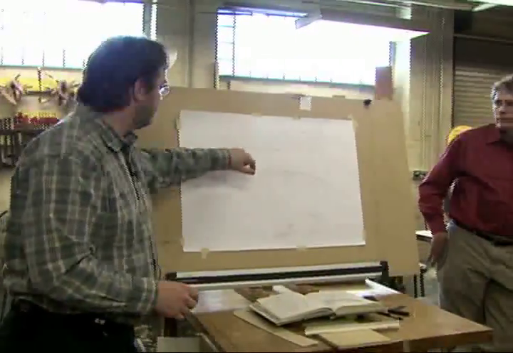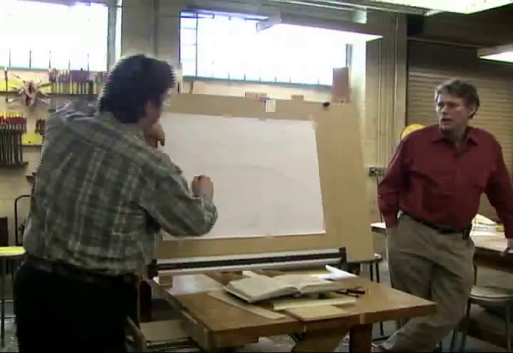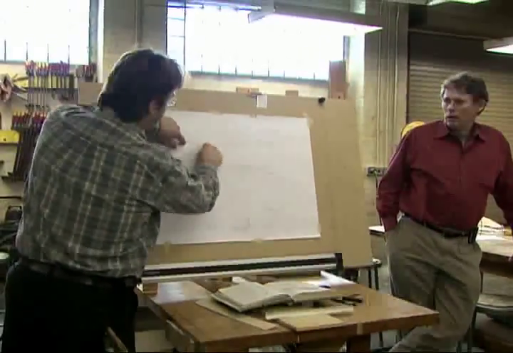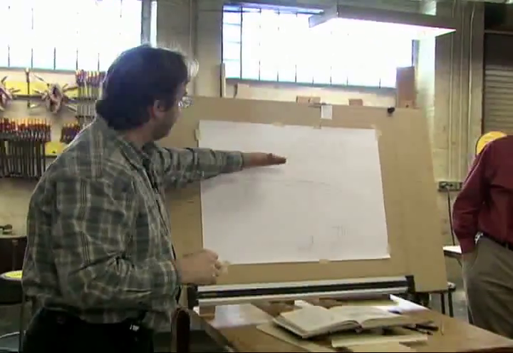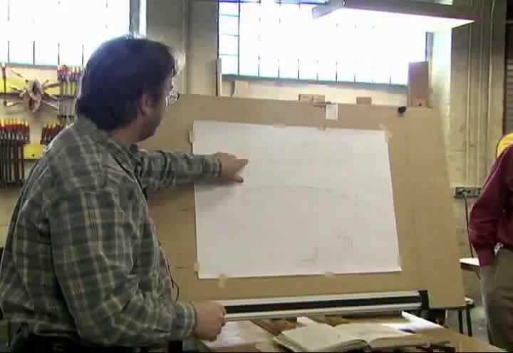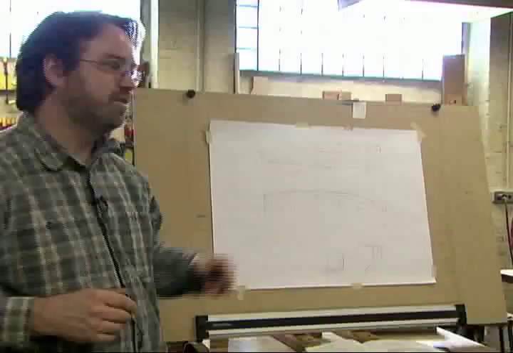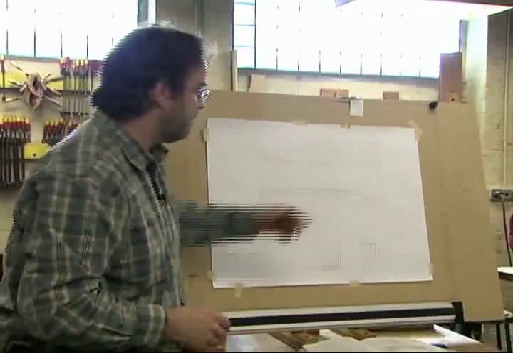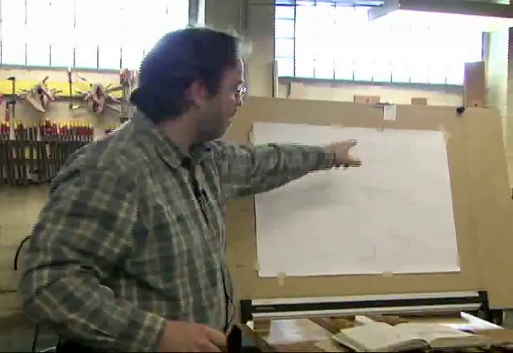Another thing is that when you started, you had a point here and a point here and a point here, but to fill up the space in between, you use the plastic curves. But if I'm lofting this boat, those points might be 3 feet apart. So the tool for creating accuracy in that space is called a fairing batten, and it's a long piece of wood, usually longer than the boat is long.